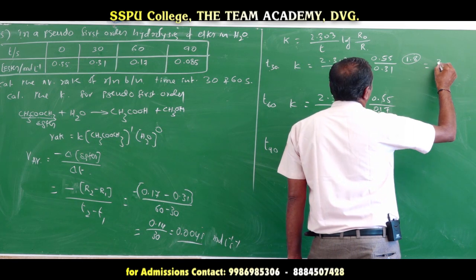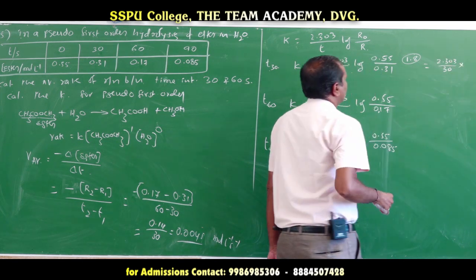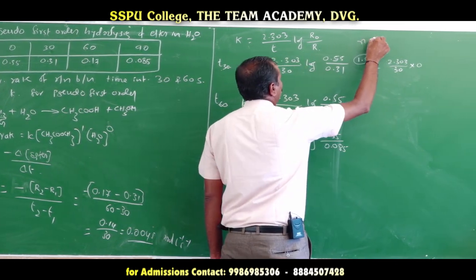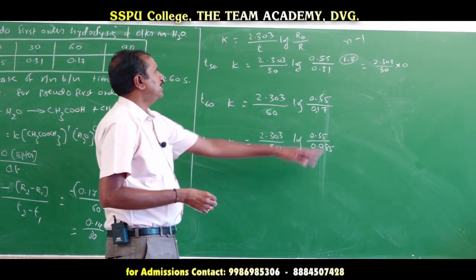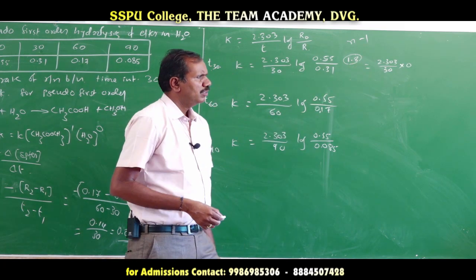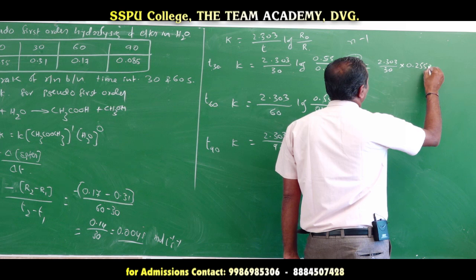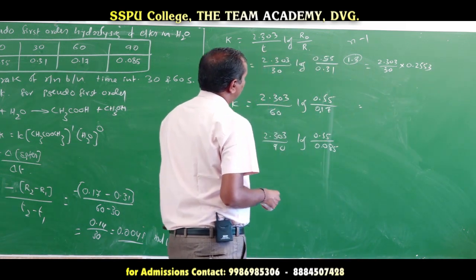2.303 by 30 into log 1.8. Characteristic 0, n minus 1 rule. Before the decimal point there is 1 digit, 1 minus 1 is 0, 18 under 0, 2553. Done. Okay.